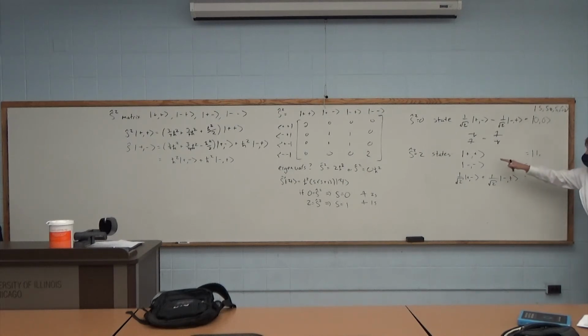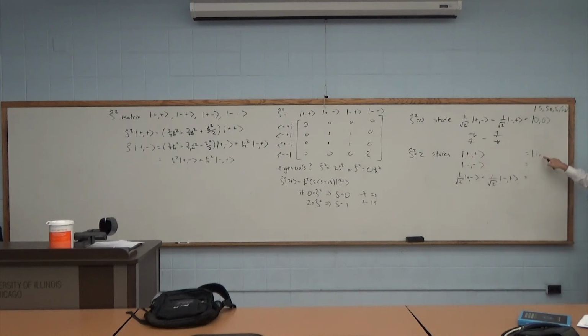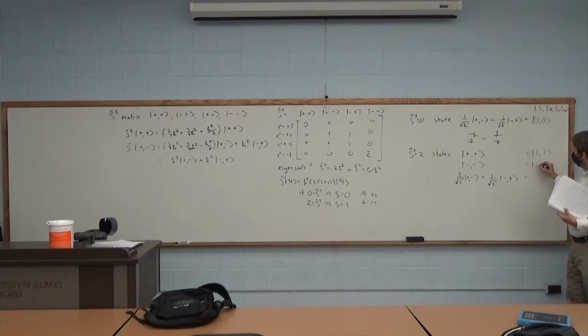Now looking at this one and seeing that the angular momentum is 1, just like a P state, what do you think the S sub z is? Looking at this, up and up, these are the S sub z values. 1. Yeah, 1. Now this one is going to be minus 1, and then of course this is 0.